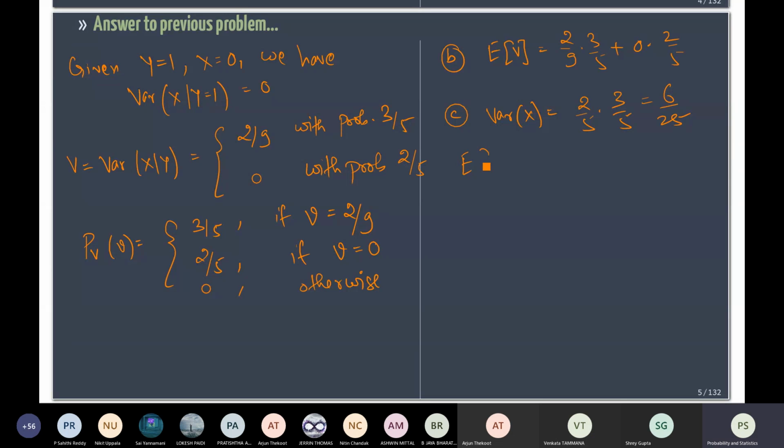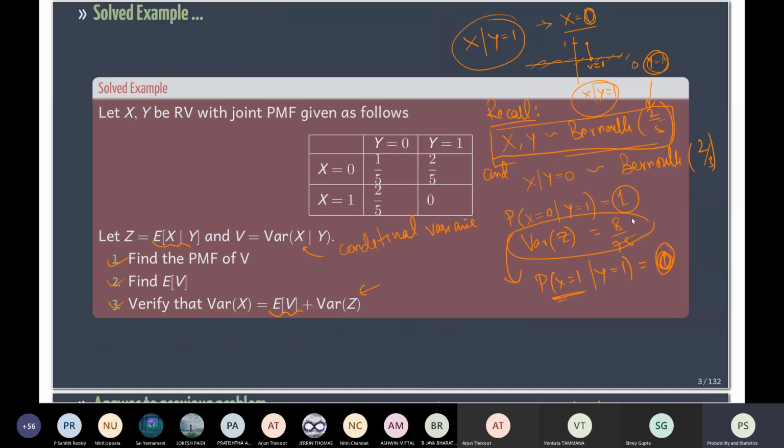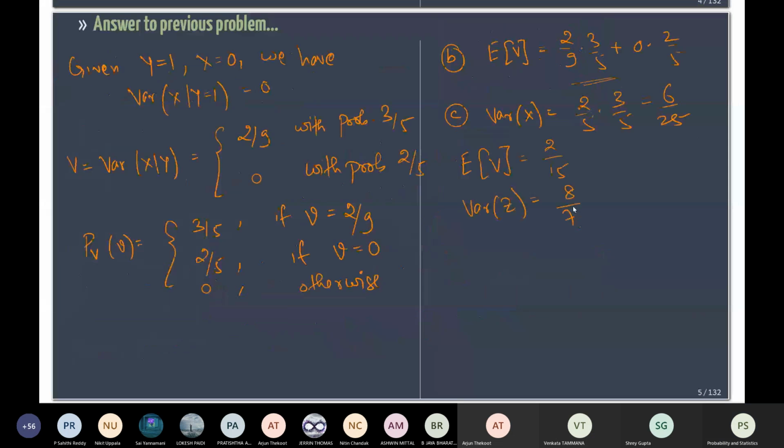And the expectation of V we have just found, so this is 2 by 15, from here. And the variance of Z was 8 by 75, which is here.